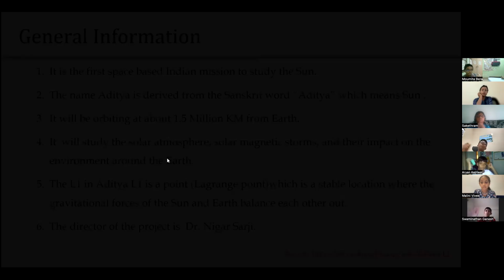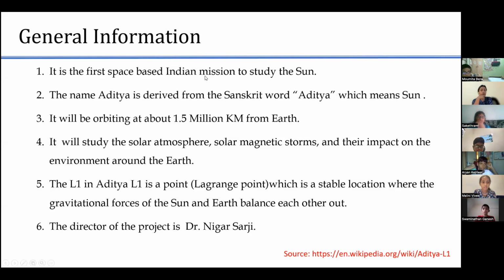Yeah, thank you. Some facts about the Aditya L1. Aditya L1 is the first space-based Indian mission to study the sun. The name Aditya is derived from the Sanskrit word Aditya, which means sun. It will be orbiting at about 1.5 million kilometers from Earth, means it will not reach till the sun like the NASA solar probe.